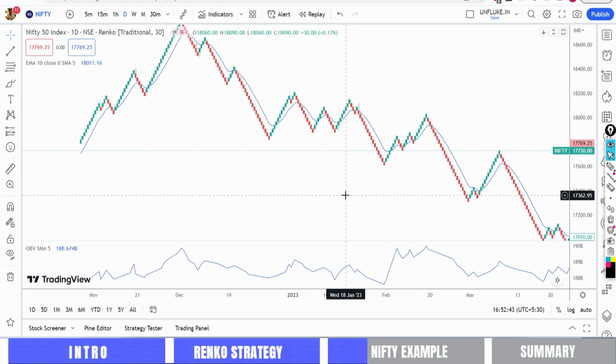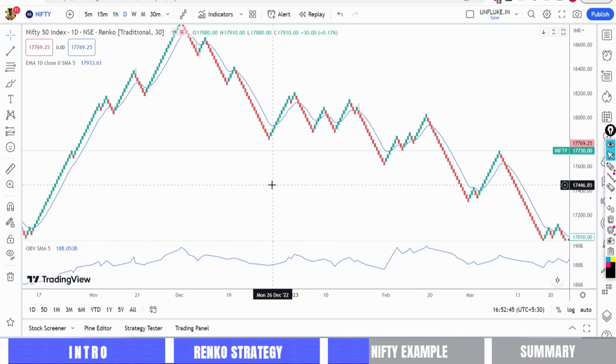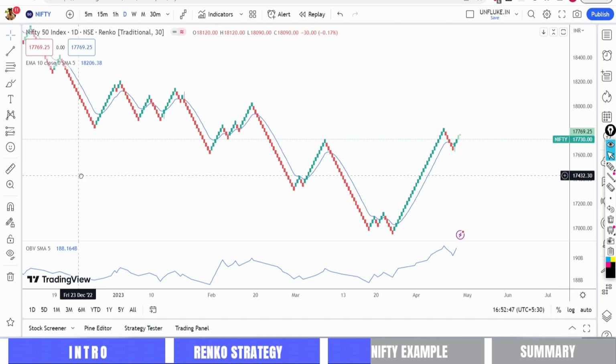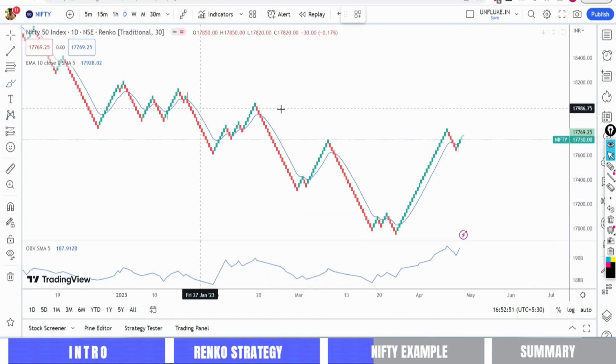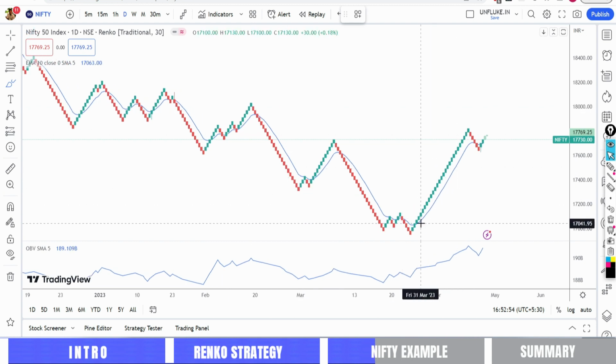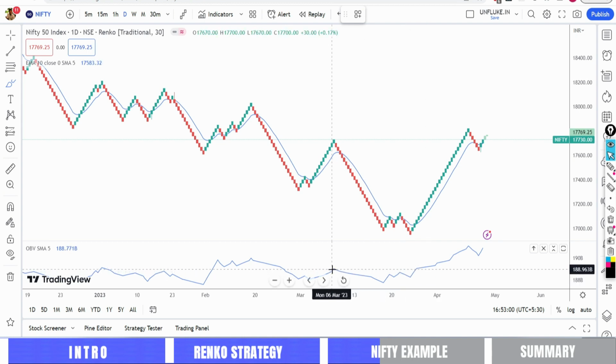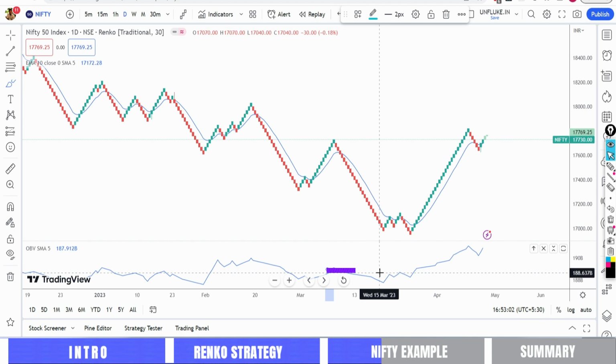Again, the first thing we are looking for, if we are looking for a selling trade or a buying trade, let's take a buying trade first, is that it should break the previous levels. As you can see, the RENKO was green here. But where will I take the entry? I want to take the entry when my OBV breaks at least these three levels, which is somewhere here. This is where it tries to break it.